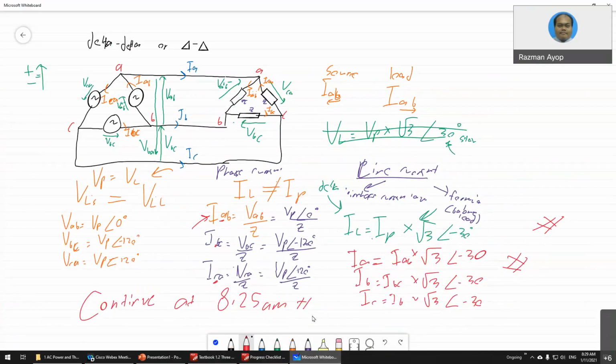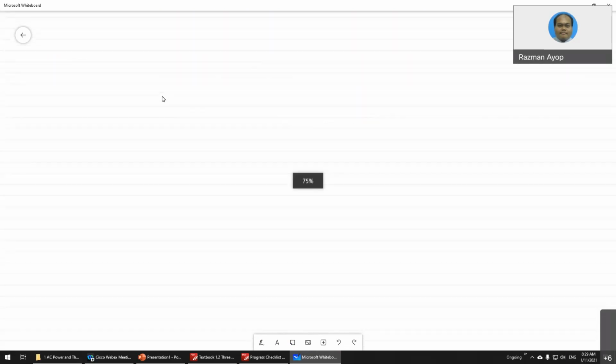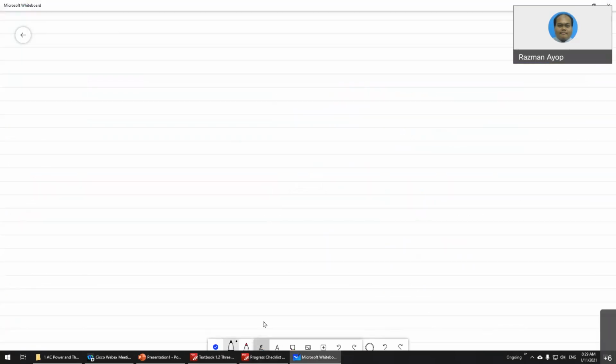Delta-Y connection means that the delta is the source and the Y is the load.